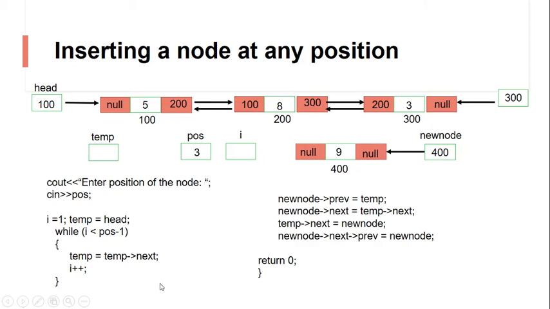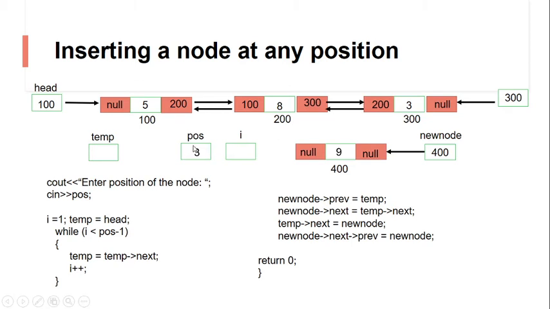So I'll be moving from the 1st to the 2nd node. Okay, so that is the code referring to this one. If I put 4, it means I'll be moving 1, 2, 3. If I put 1, that's not possible, I can't insert on the first one.